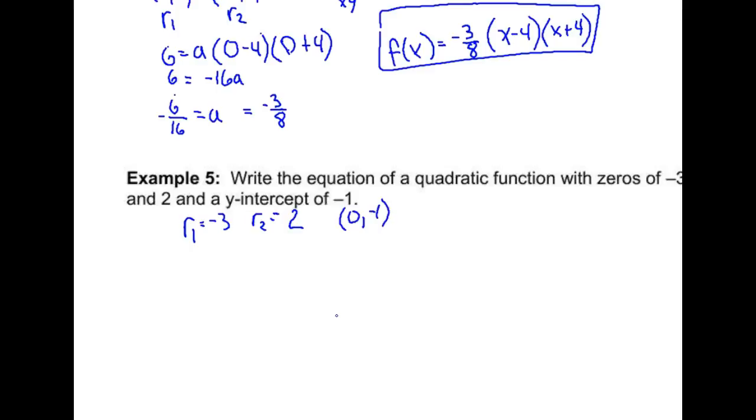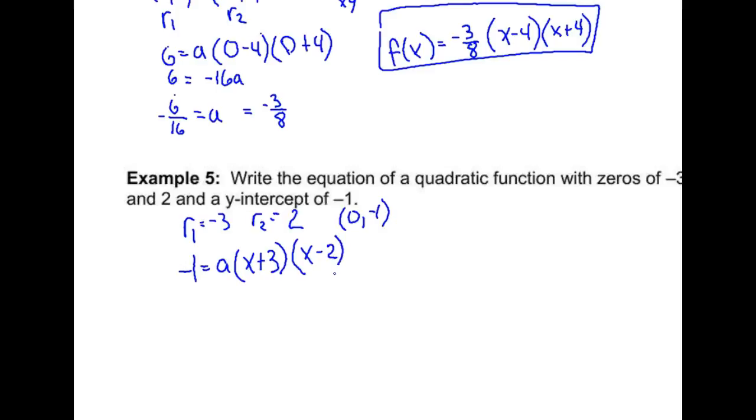Now we have our information. We're going to plug it into our equation to solve for a. So y is equal to -1, and that is equal to a times x minus -3, which is the same thing as x plus 3, times the other root, which is x minus 2.